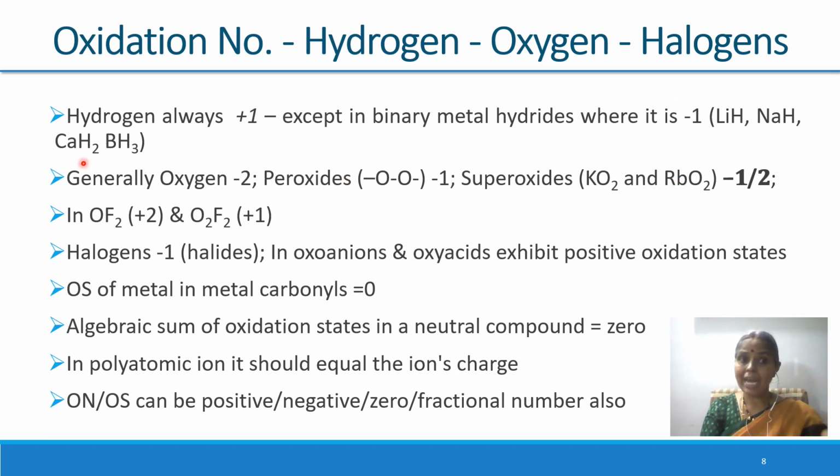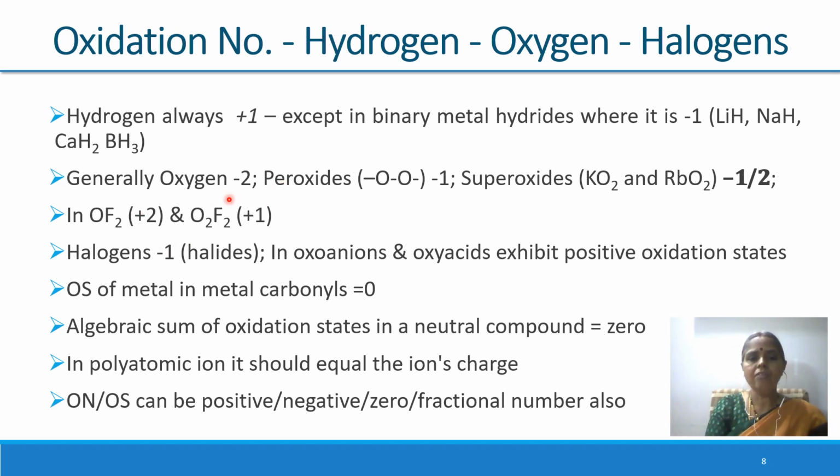Or alkaline earth metal and hydrogen like CaH2, it will always have a minus 1. Boron hydride BH3, then it will have a minus 1. So if it is a binary metal hydride, only a metal and hydrogen forming a compound, then it will have a minus 1. Generally it is plus 1 only. In binary metal hydrides it is minus 1.